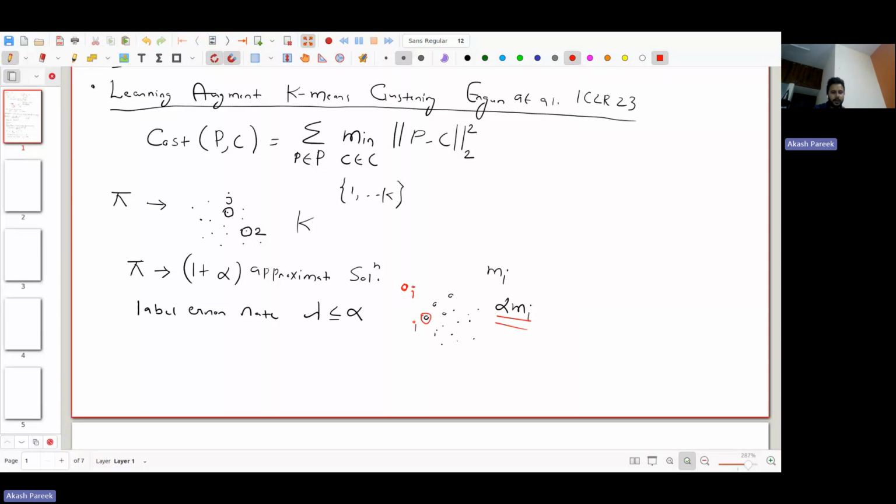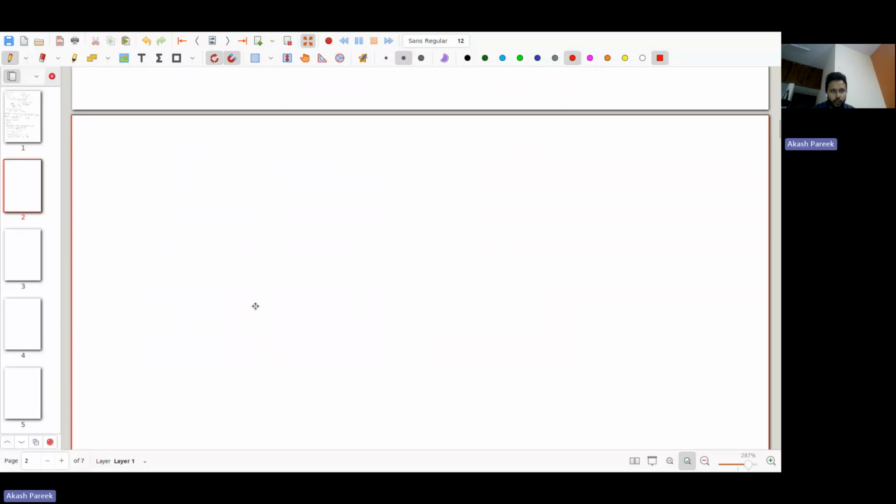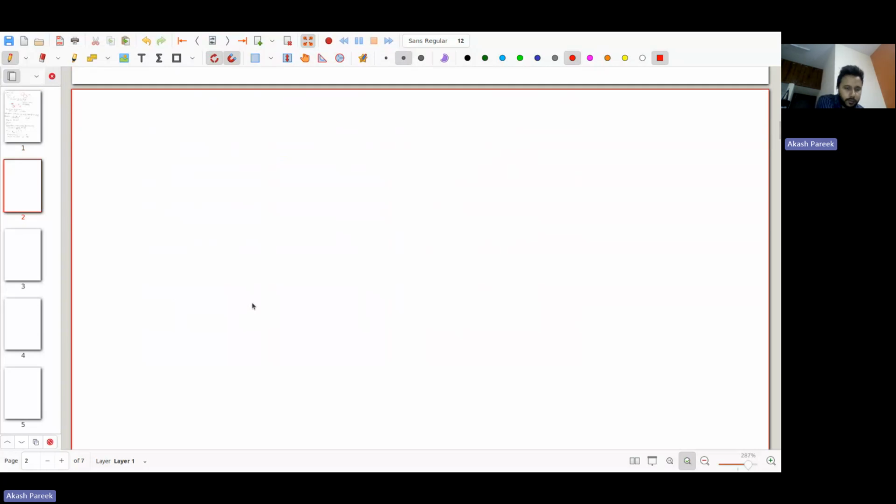Okay, so this is the setup that we have. With this setup, the result that we want to prove is the following. Again, this is informal. I will define the exact theorem when we get there. Let C dash be the center output of the algorithm that we will discuss.